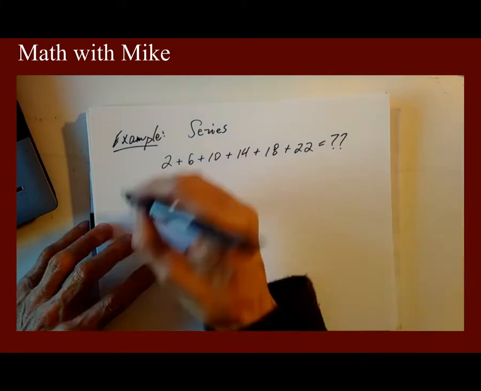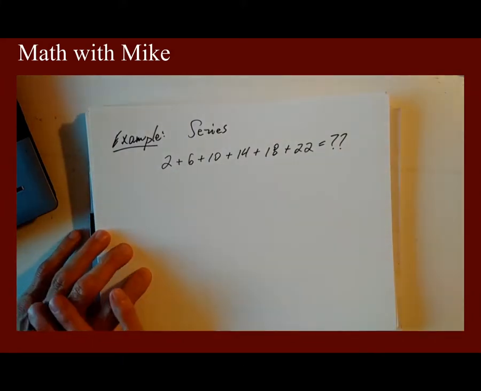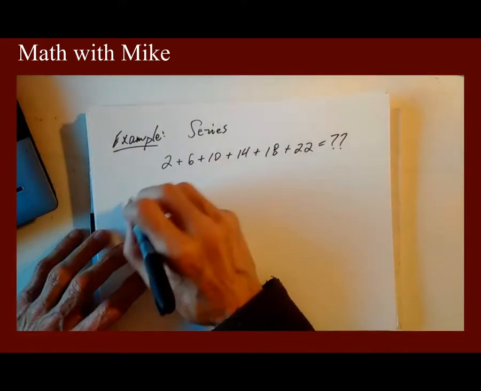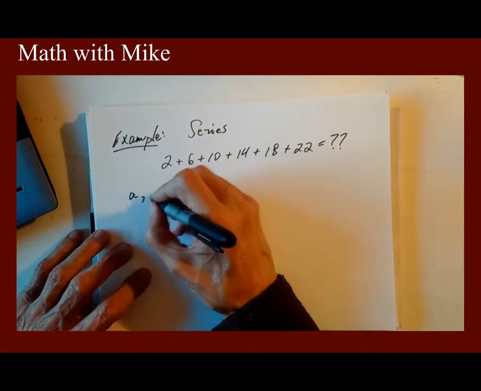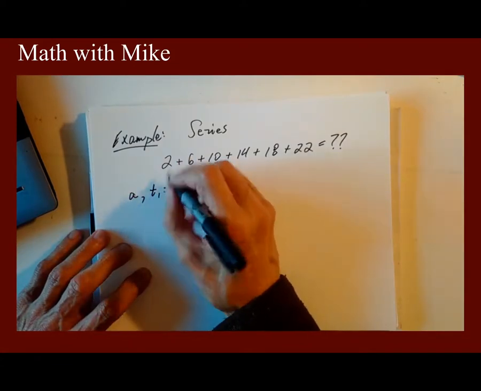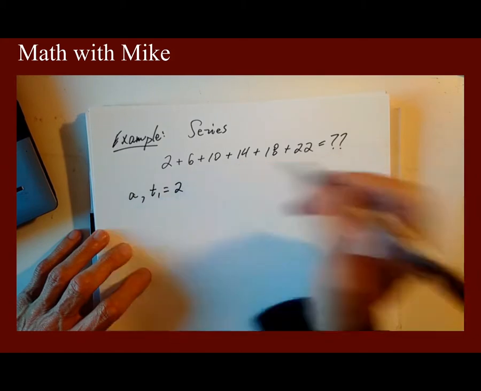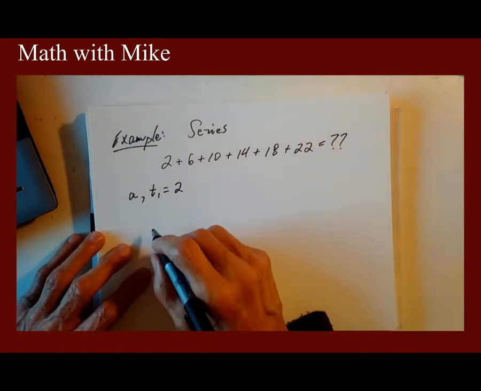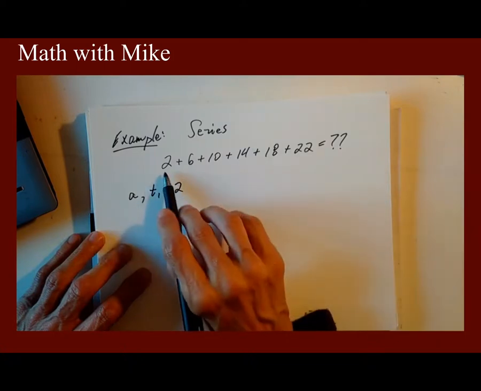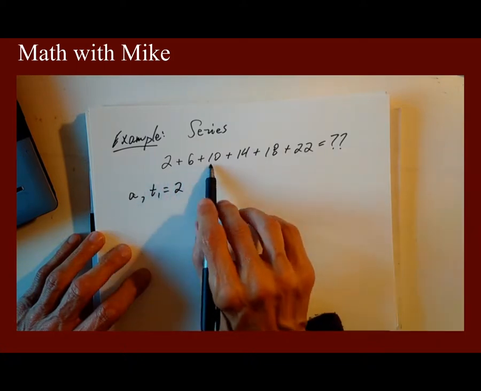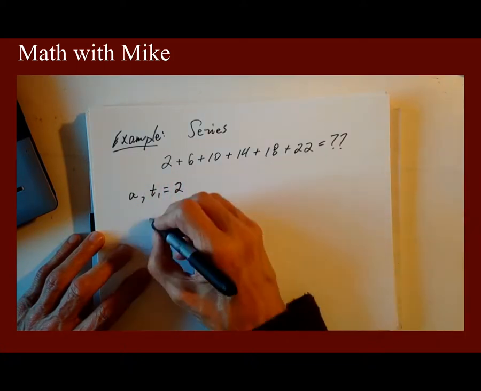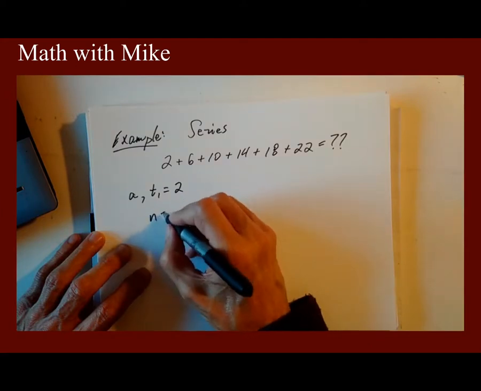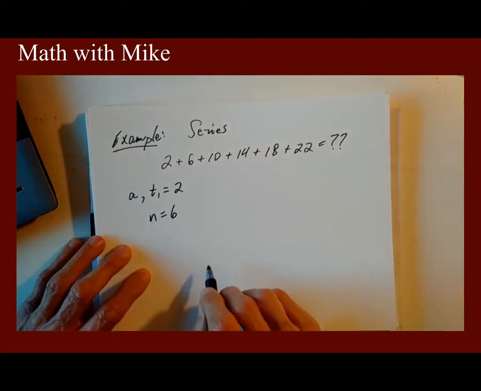So first of all, a lot of the symbols are the same as before. What I see is that I recognize the first term, or the A term, is 2. What I see is that there are, counting them out, 1, 2, 3, 4, 5, 6 terms. So n is equal to 6.